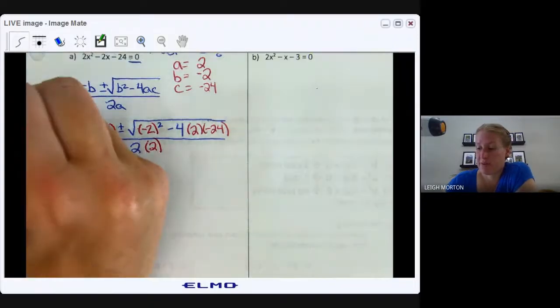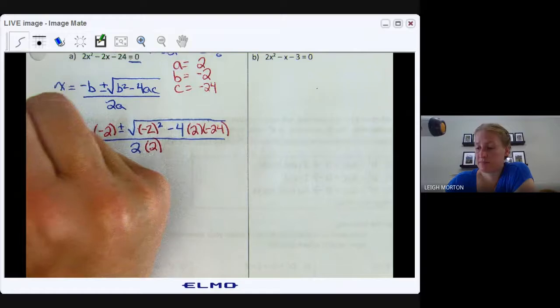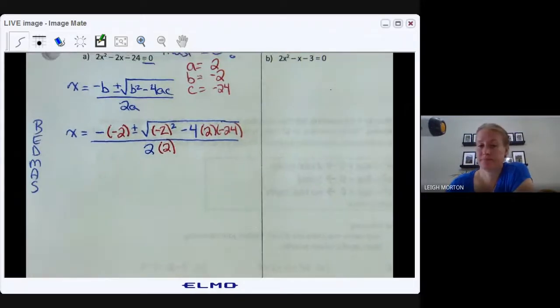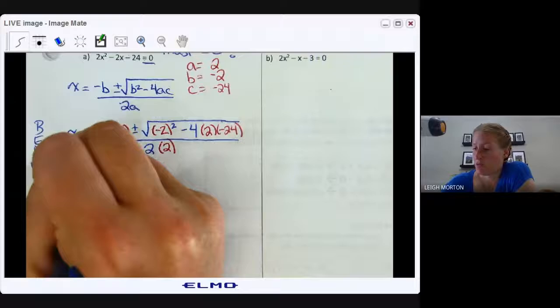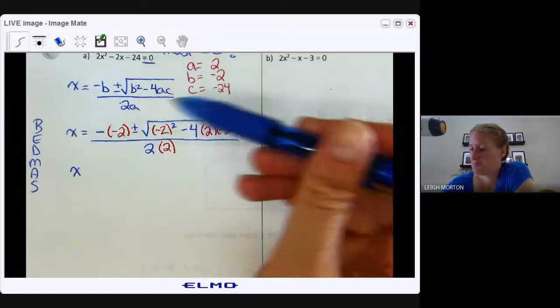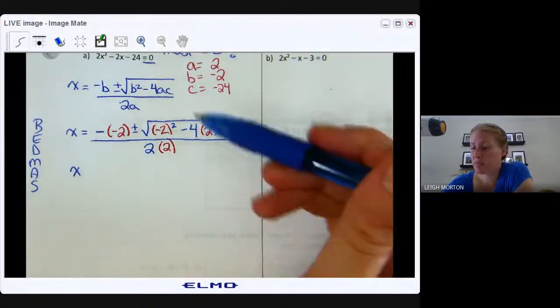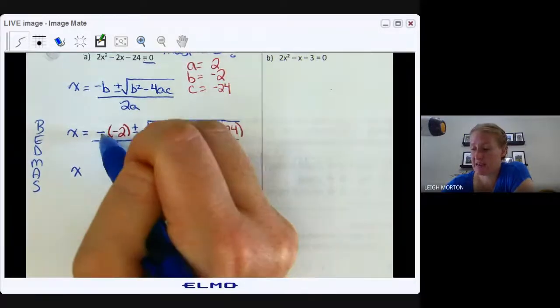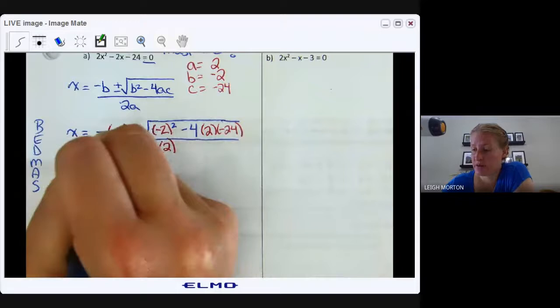Now I can't forget BEDMAS, so I need to do things in proper order. So brackets, nothing to do inside the brackets. I'm on to exponents first. I'm going to simplify a couple steps in one. So I can see that -1 times -2 gives me +2.